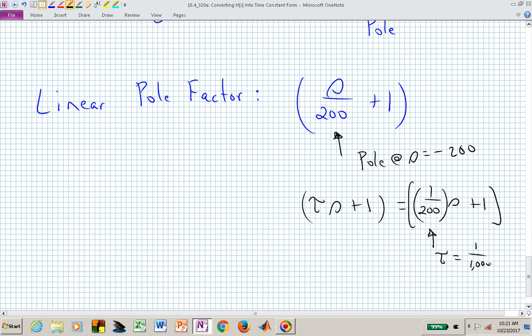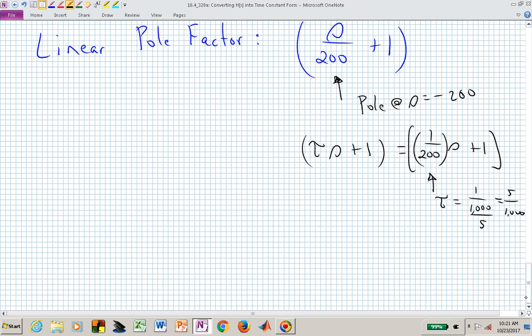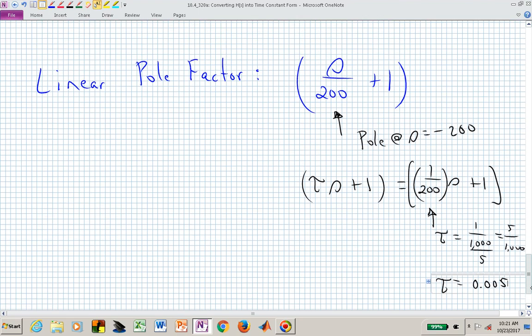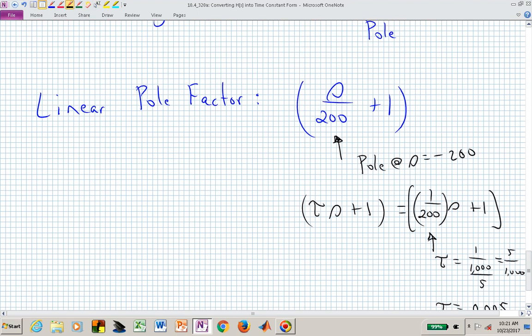If I write 200 as 1,000 divided by 5, now I can see that the time constant of that pole at minus 200 is actually 0.005. Hopefully I've done my decimal place in the right location. So now we have a time constant of 5 milliseconds associated with that pole at s equal to minus 200.